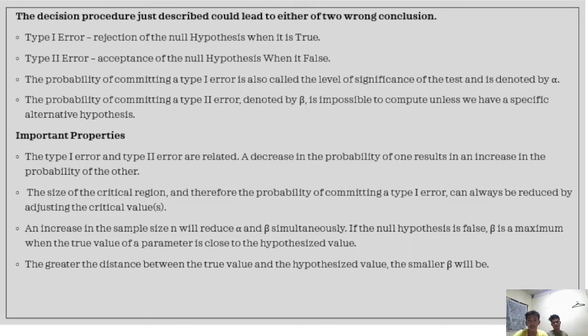An increase in the sample size n will reduce alpha and beta simultaneously. If the null hypothesis is false, beta is a maximum when the true value of a parameter is close to the hypothesized value. The greater the distance between the true value and the hypothesized value, the smaller beta will be.